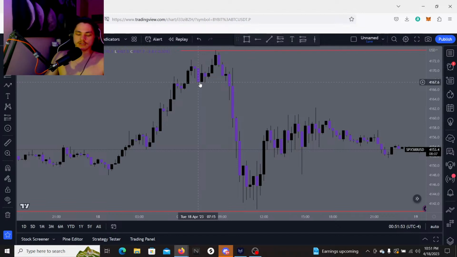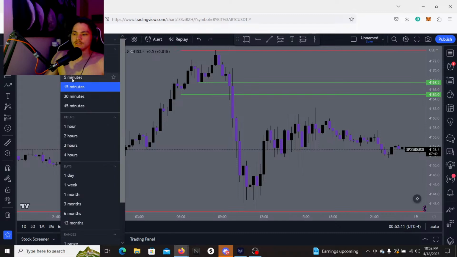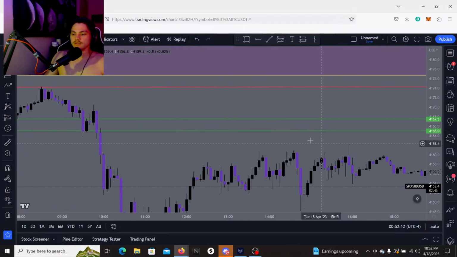I believe I was looking at like this liquidity. Maybe even there. Probably, actually. I actually think I was even looking at that fair value gap. And yeah, 5 minute.